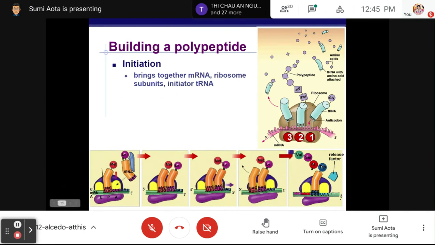Here is the transfer RNA carrying methionine. There's the messenger RNA, and it has the start codon AUG. Because the start codon is AUG, the anticodon on the transfer RNA has to be the complement, UAC.